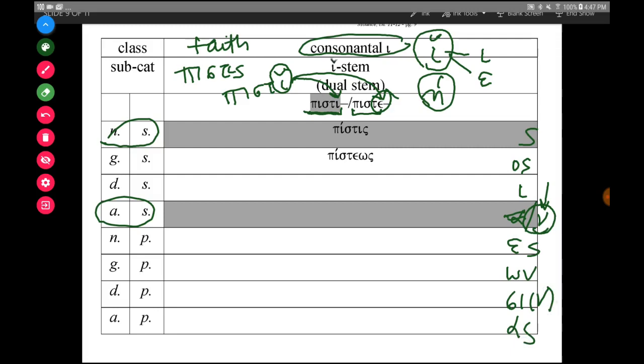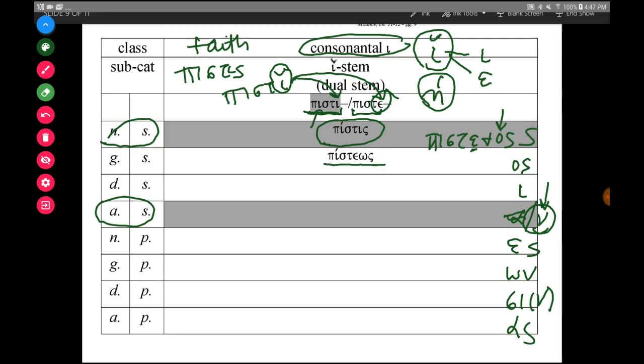The nominative singular form: you add sigma to pisti and you get the form pistis. For the genitive, you have piste plus os, but the genitive doesn't like having two short vowels together, so the omicron goes long in its final form, and the genitive is pisteos.